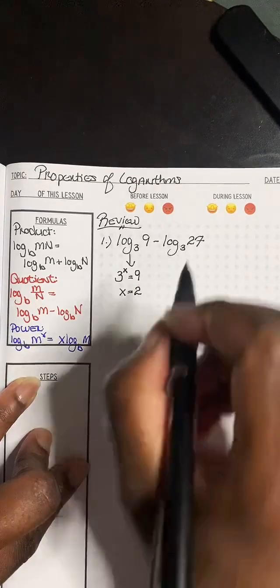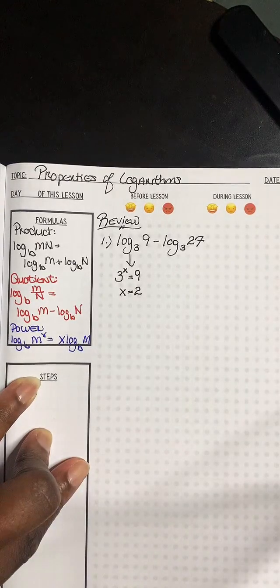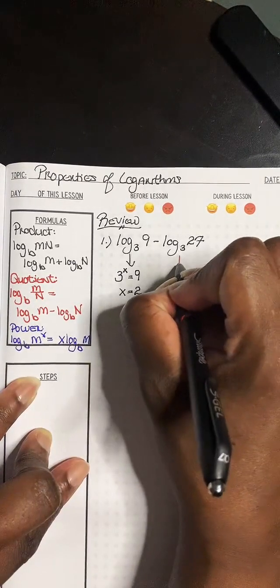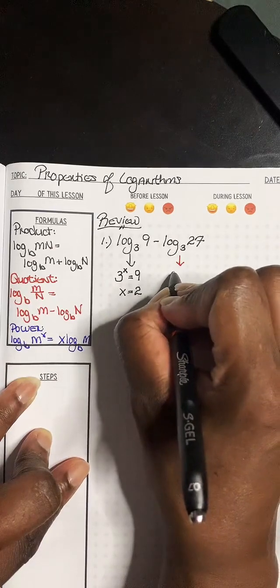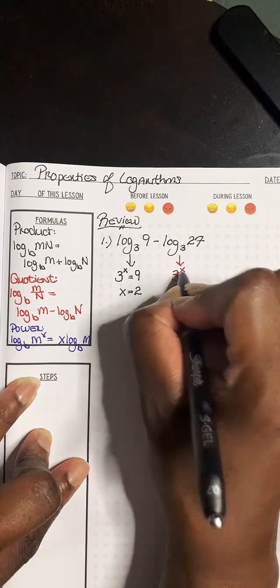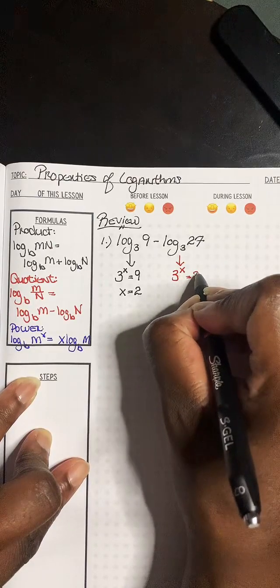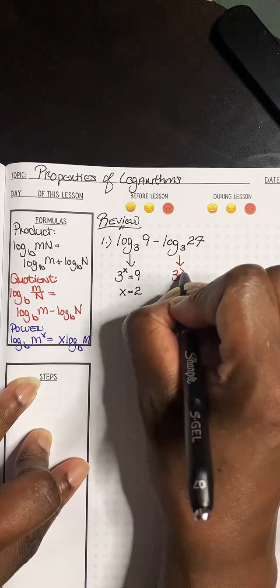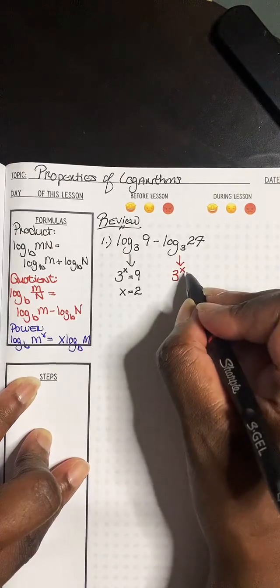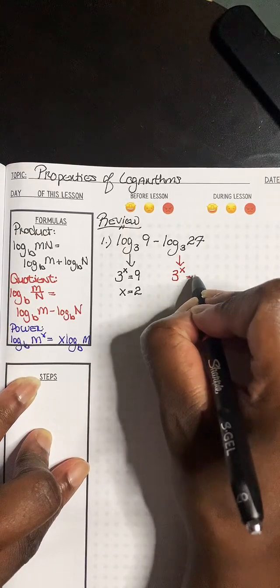Then over here, we have log base 3 of 27. So we're looking at 3 raised to what power equals 27.